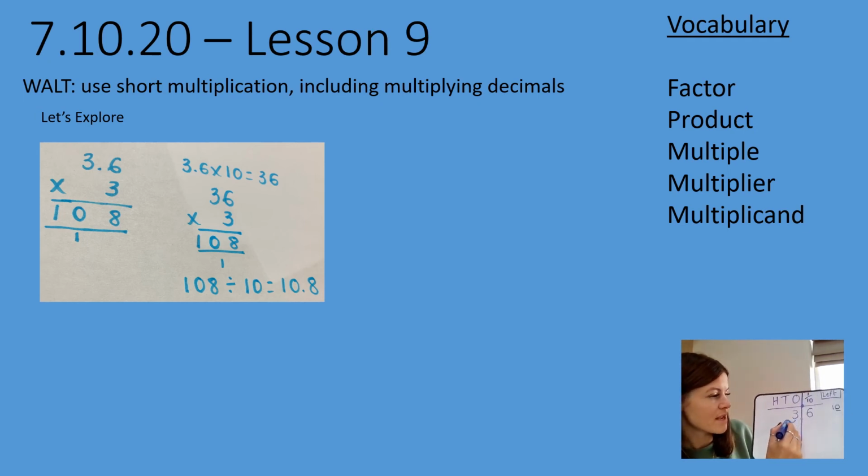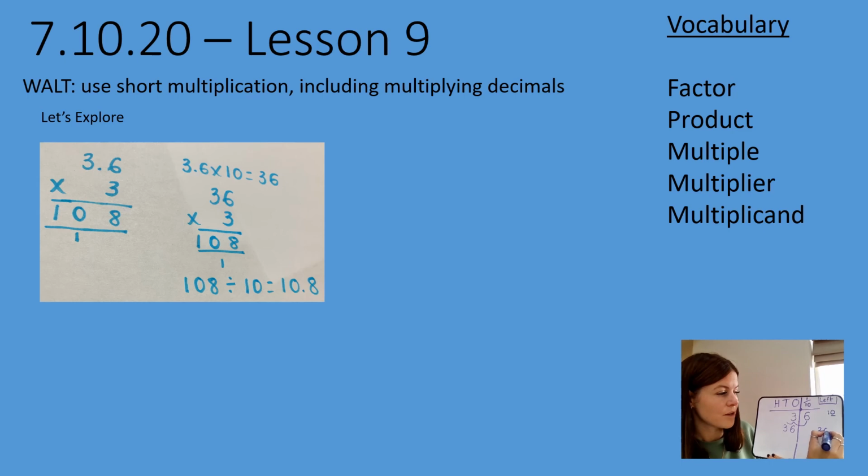So I move my 3 ones and they become 3 tens. I move my 6 tenths and they become 6 ones. I've now turned 3.6 into 36. Then I can multiply 36 by 3 to be able to get my product.